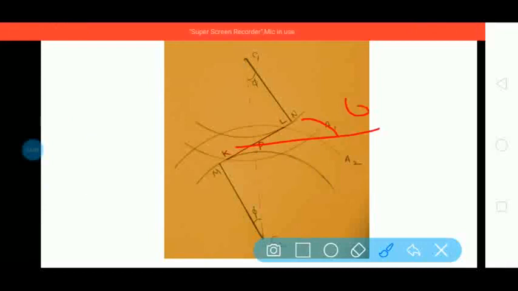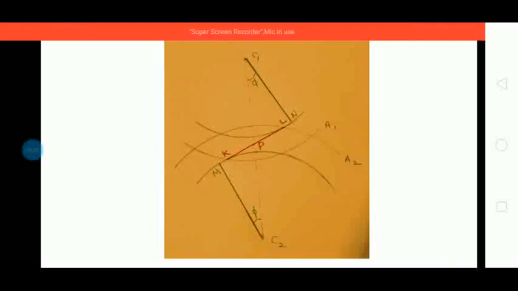This is phi, and the total angle is 90 degree, so this small angle will be 90 minus phi, right? In the triangle C1PN, this angle will be 90 minus phi, because the total angle is 90. So when this is 90 minus phi, the other angle is phi, because this is a right angle triangle and this angle is 90 degree. So this will be phi. Similarly on the other side, if you check, we will get the same phi here also. Now you understood why the phi came there.